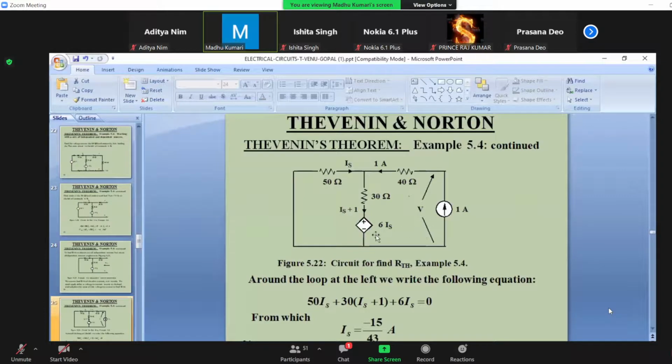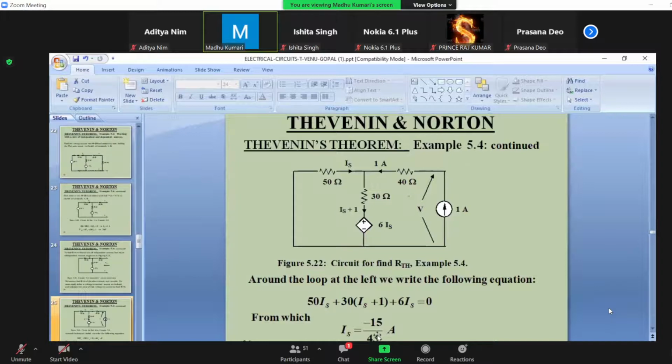Now calculate this IS. Going around the loop at the left, we write the following equation: 50 IS plus 30 IS plus 1 plus 6 IS equals 0, and IS equals minus 15 by 43 ampere.